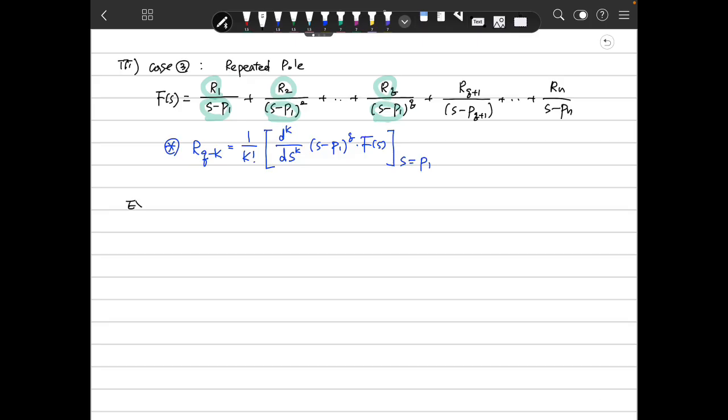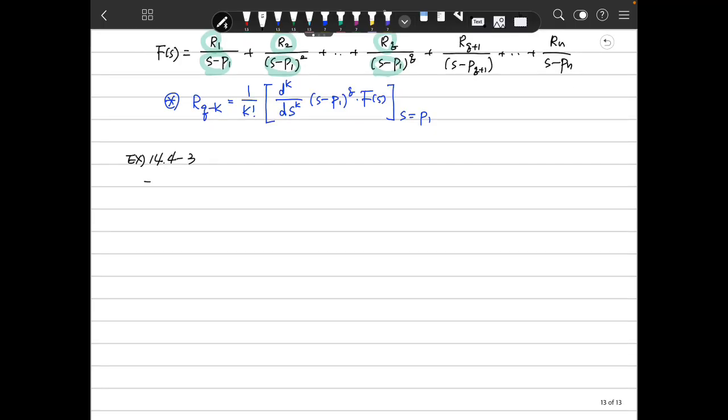Example 4.3. F(s) is 4 over (s plus 1) squared times (s plus 2). As you see, this has repeated poles.